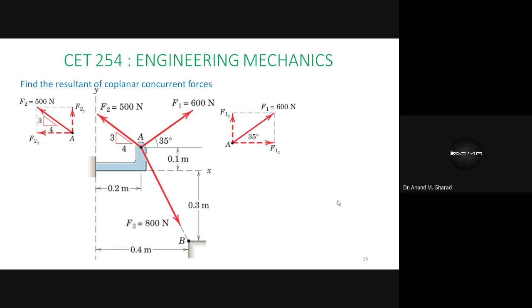We have also seen one or two examples of how an inclined force may develop in any member or any structure. So we saw that such inclined forces can be available to us.